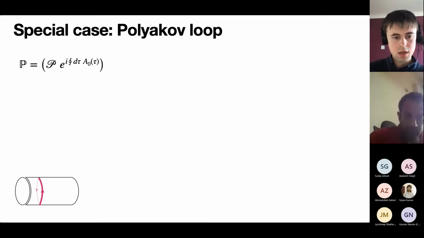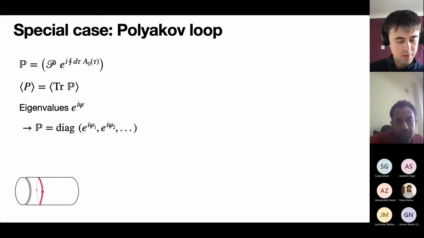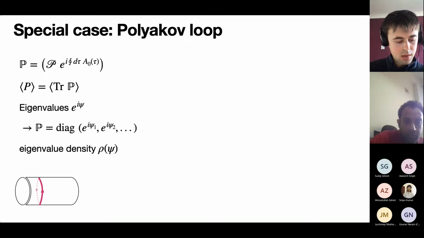But that was just a cartoon. So let's look at a specific gauge invariant object, and we'll take the Polyakov loop before the trace again. This gives us a matrix, and we can express it again in terms of the eigenvalues. Because we're in the large N limit, it will also be very useful to think of the density of eigenvalues.